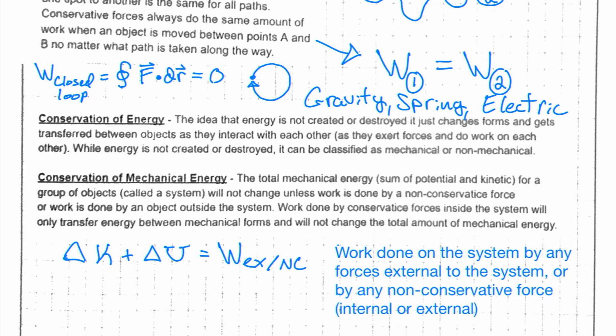And for a group of objects, the sum of mechanical energy will not change unless work is done by any non-conservative force, internal or external, or if work is done by a conservative force that's outside the system, an external force. So any external force doing work will change the energy. And internal forces, if they're conservative, they just transfer energy between potential and kinetic. Internal forces that are non-conservative will always change the energy of the system.